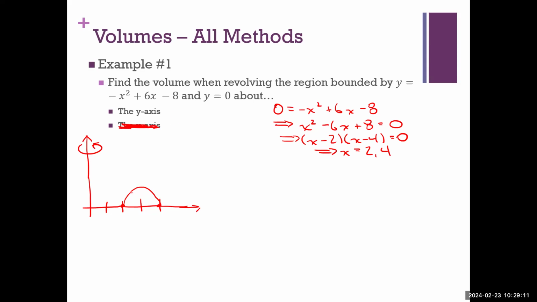Why is dx better? Don't have to solve for x in terms of y. That's true. So I think that alone is a good enough reason to do dx rectangles here. The other thing I'll point out is this. For that parabola, is y a function of x?